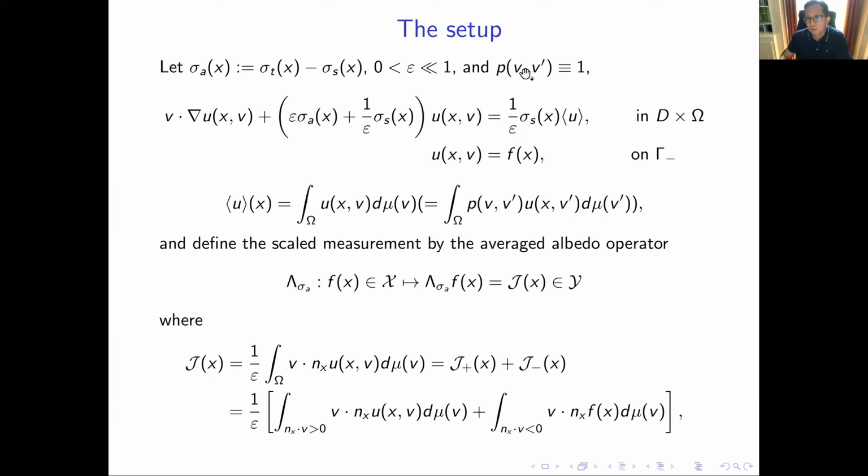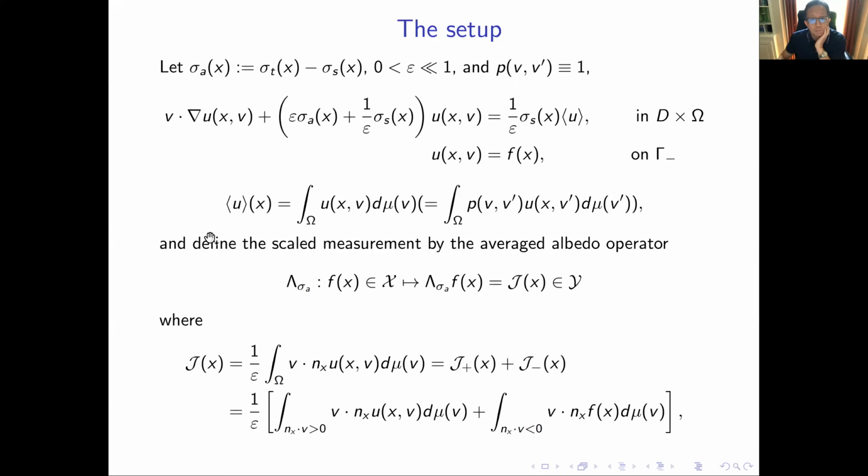We simplify the scattering kernel to be just isotropic. You have equal probability to go in any direction. So the right-hand side becomes just the total density of the photon at that point, and the left-hand side is of this form, where epsilon is the mean free path.